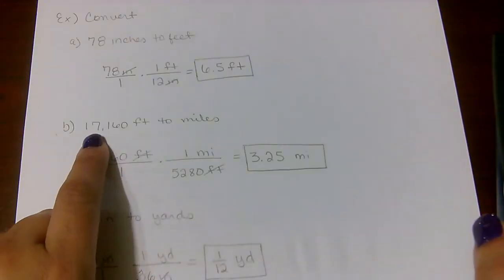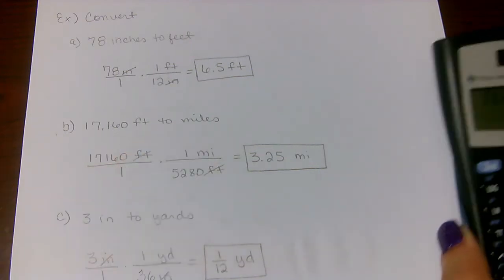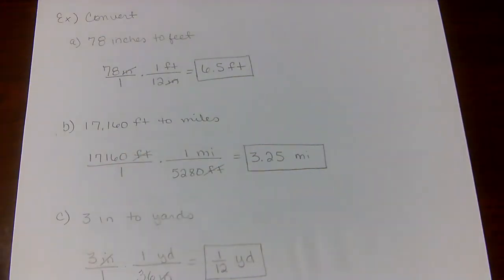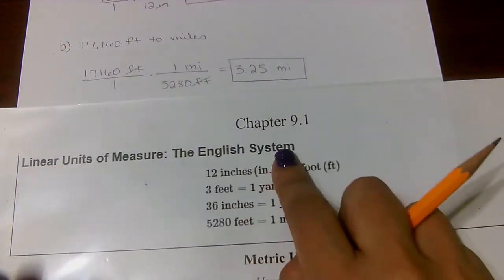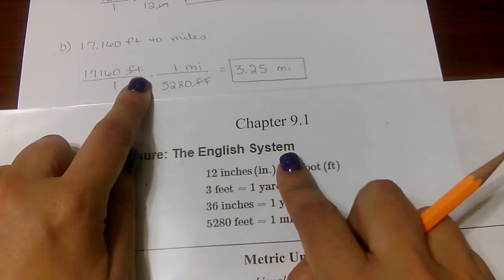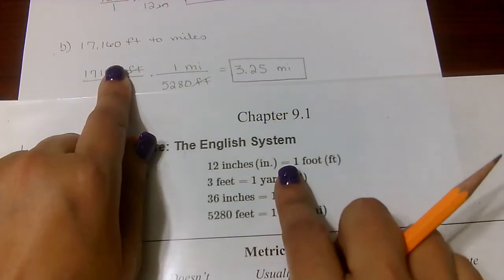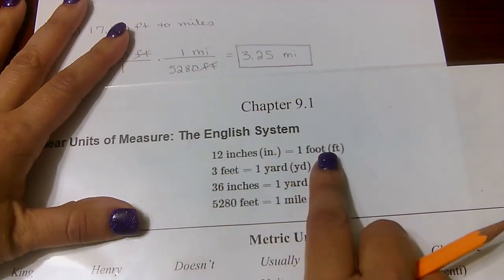Part B says 17,160 feet, and we're going to convert that to miles. You don't have to remember those conversions, you have them with you. So I'm starting with the 17,160 feet over 1, and then I want to convert from feet to miles, so I'm going to look at my conversions here.